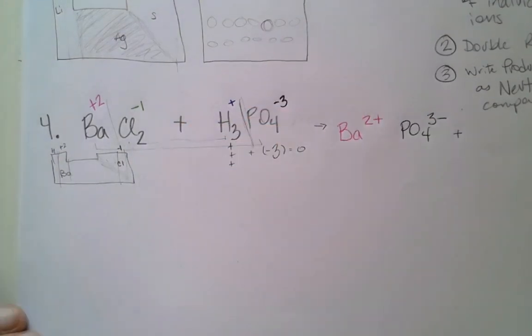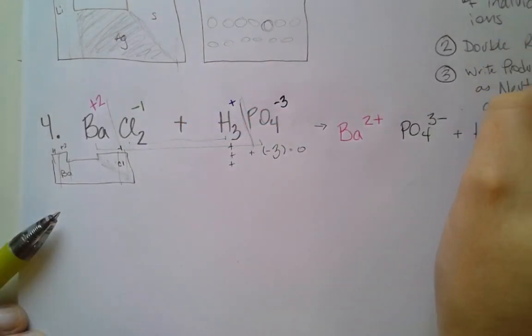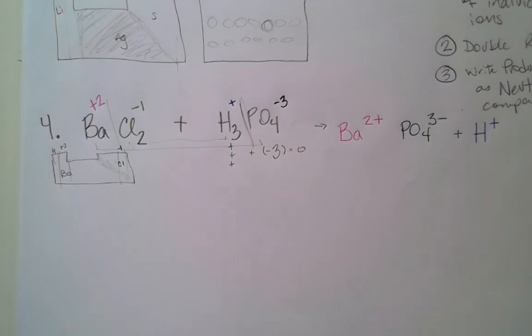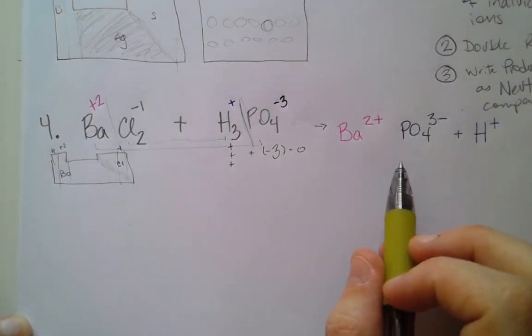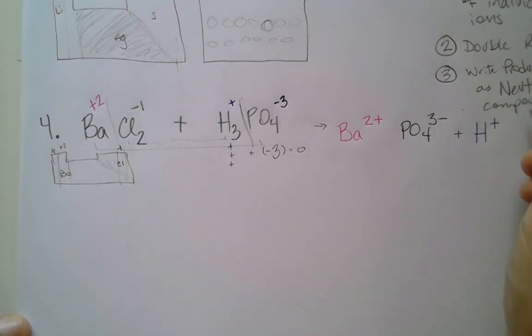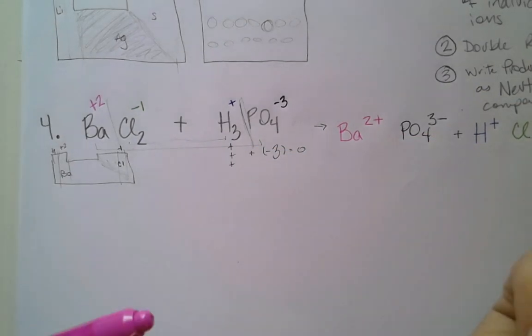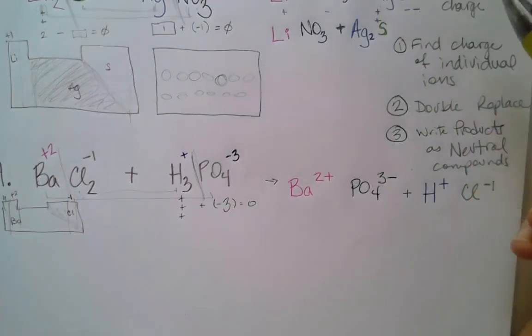So you're going to have some hydrogen. Remember, the charge is your key to this whole deal, so do keep the charges. Hydrogen's going to go stick to the chloride. Chloride has a charge of -1. Great.